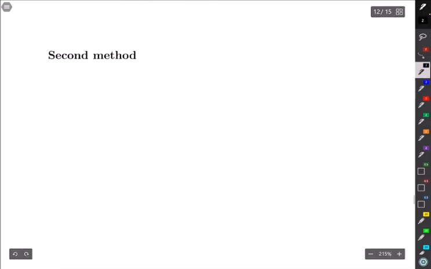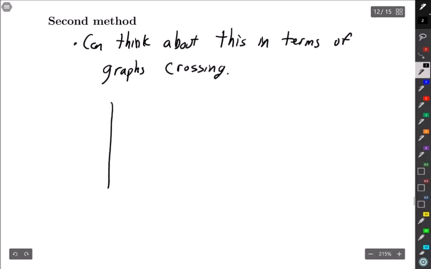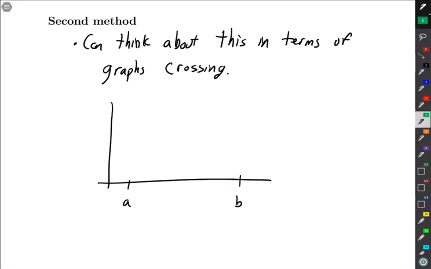There's also a second way you can think about these sorts of problems, and that's in terms of the graphs crossing. And the idea is sort of as follows. If I have axes and I have a and b, how can I force two graphs to cross assuming they're both continuous? Well, if one starts higher on one side and ends up lower on the other side, that's going to force the two things to cross.